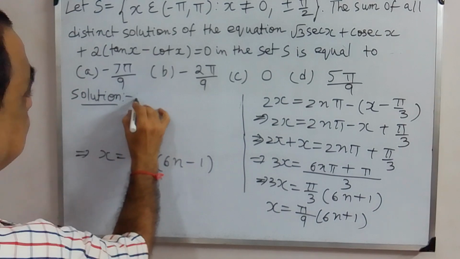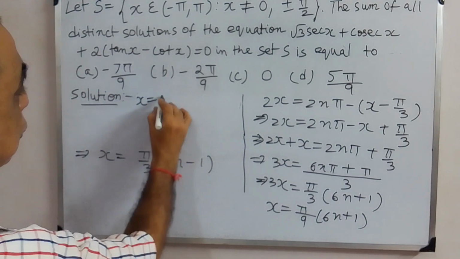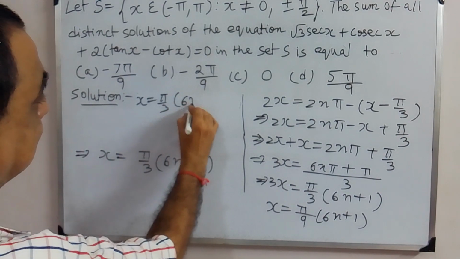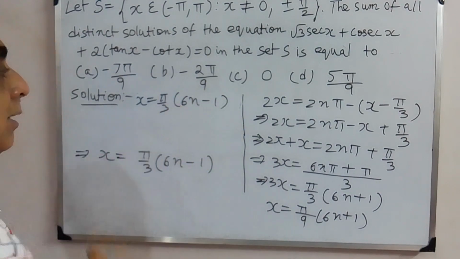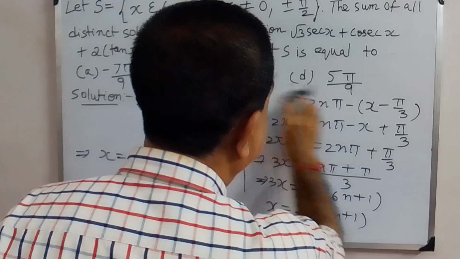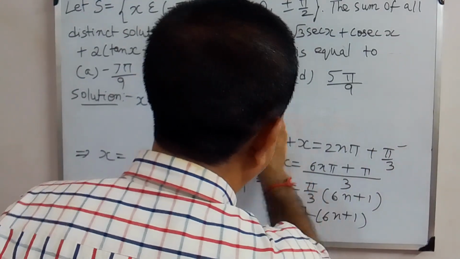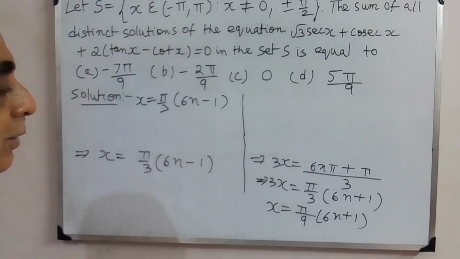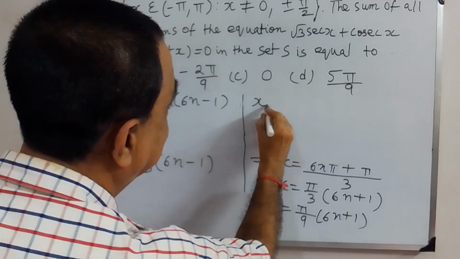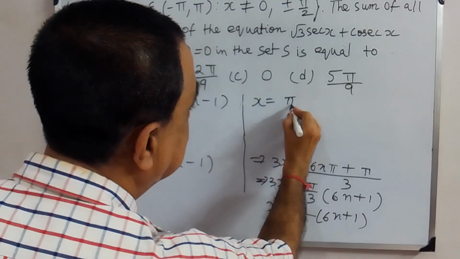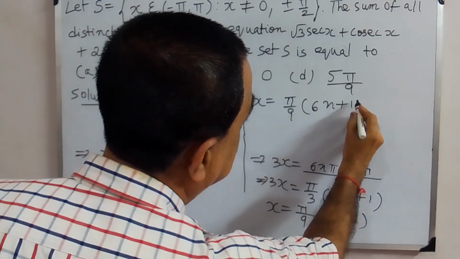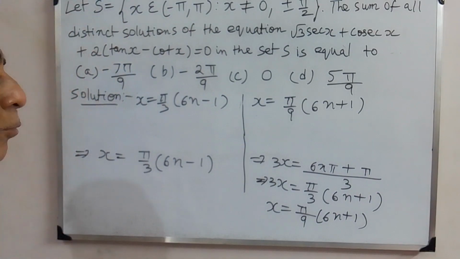So I am writing first, we have got x is equal to pi by 3 into 6n minus 1, n is the integer. And the other we have got, the equation of x in terms of the integer n: x is equal to pi by 9 into 6n plus 1. n is what?